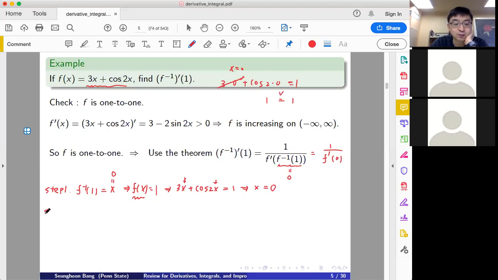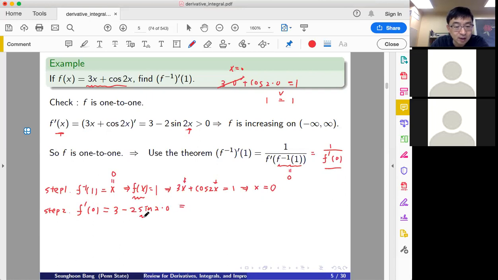Step 2: you need to calculate f prime of 0. We already have f prime of x here. You can plug 0 into here. So we have 3 minus 2 times sine of 2 times 0.